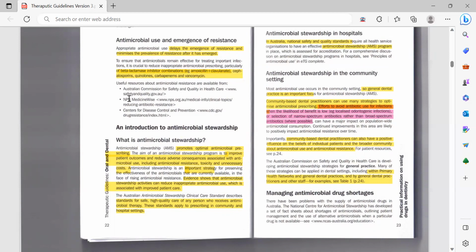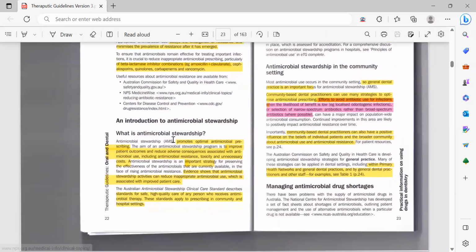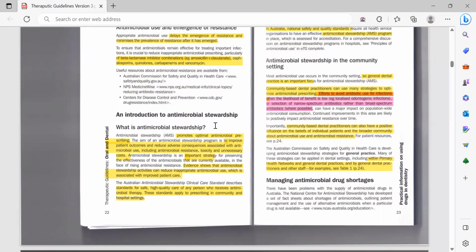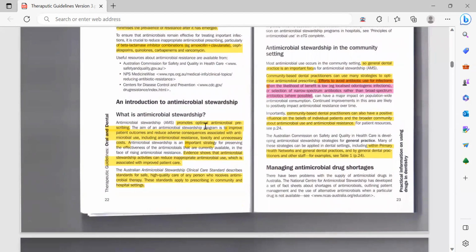Then, to deal with antimicrobial resistance, they started a process which they call the antimicrobial stewardship program. It is the program through which they make sure that the antimicrobial prescription is optimal.